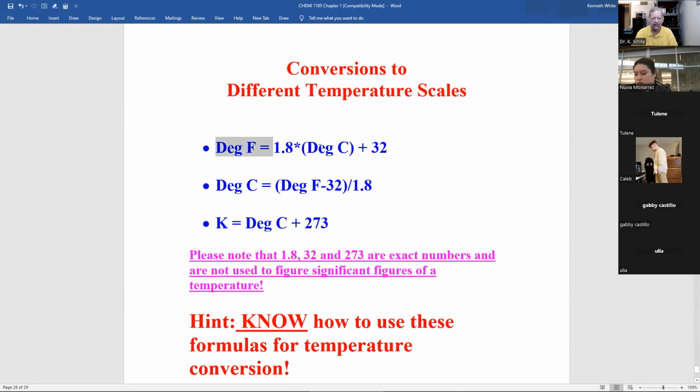Let's look at the first one right here. How do you convert from Celsius, I almost said centigrade, the old name, to Fahrenheit? You use this formula. You multiply the degrees C times 1.8 and you add 32.